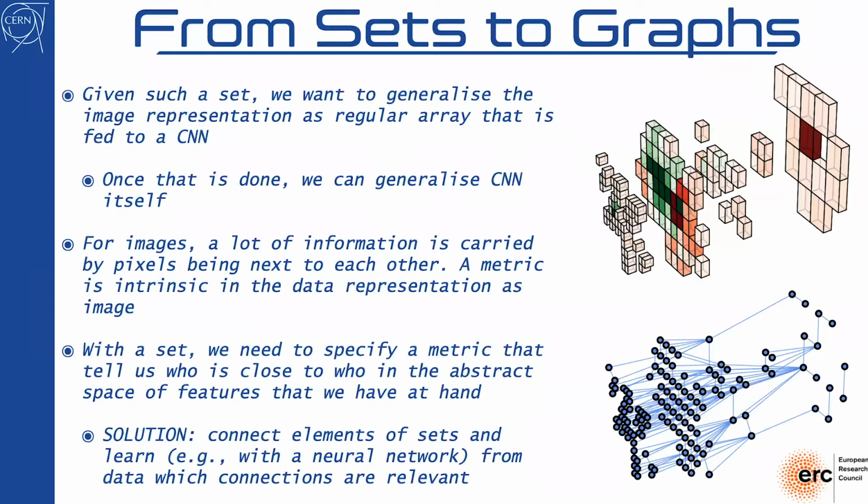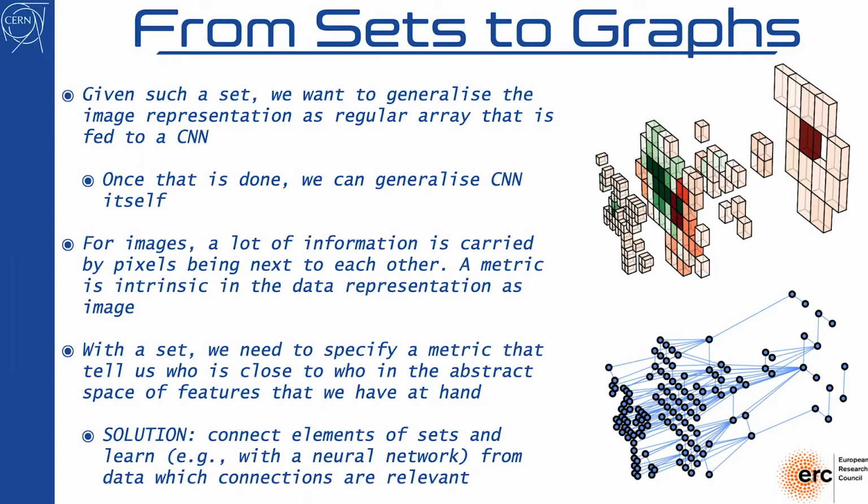Once you have these sets and you want to learn from them, typically, I mean, you don't have to, because there are networks called deep sets networks that already handle sets. But you can basically learn by building a graph that connects the items in your set.